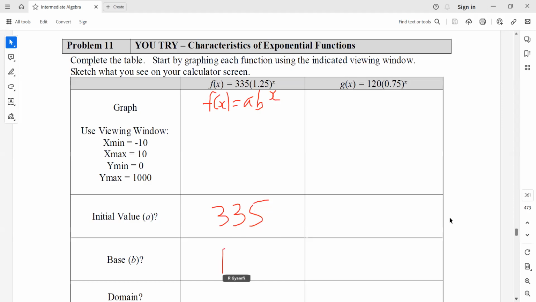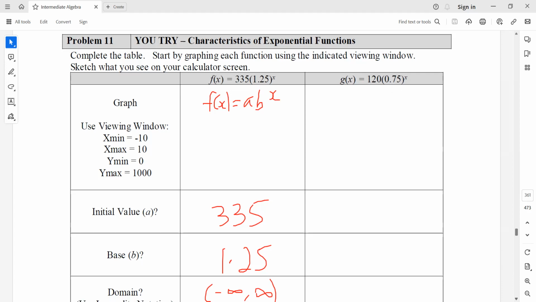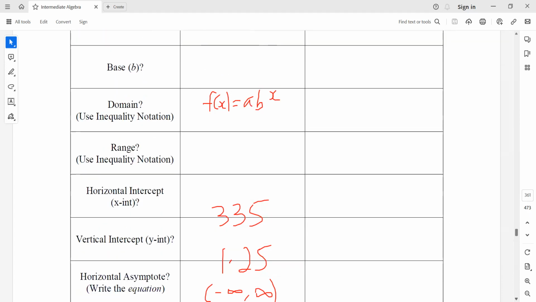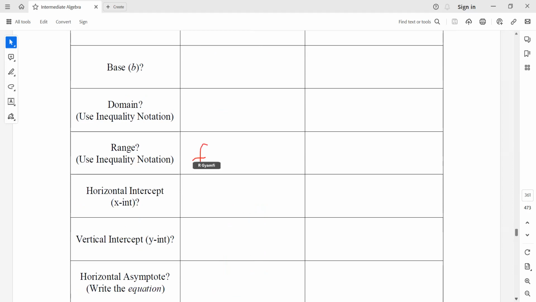The base is 1.25. What is the domain? All real numbers. And then what is the range going to be? The range is going to be f of x is greater than 0.